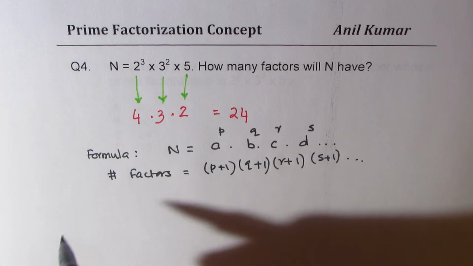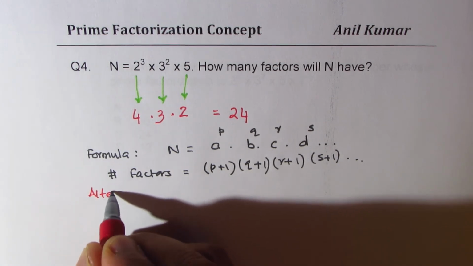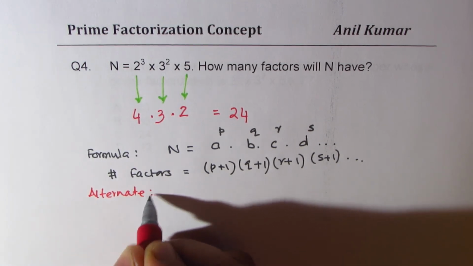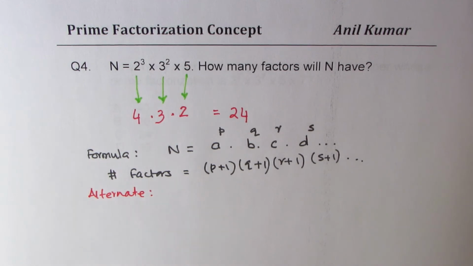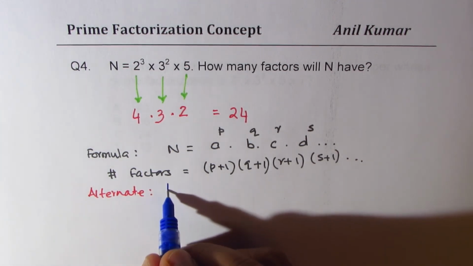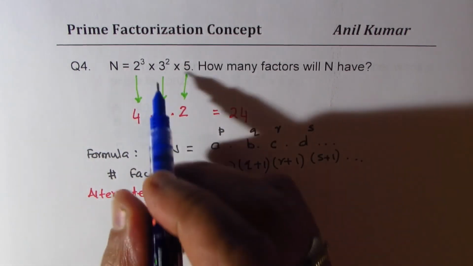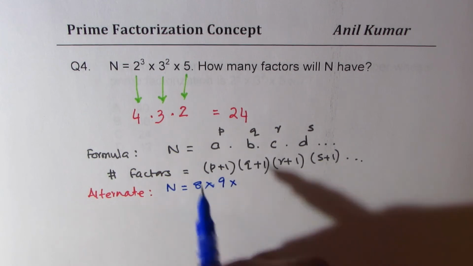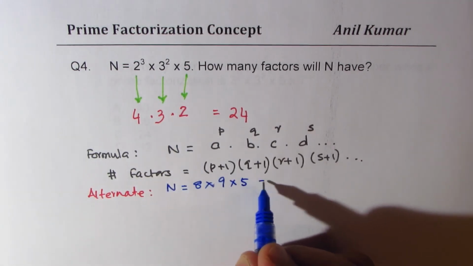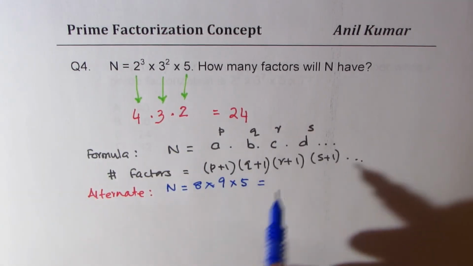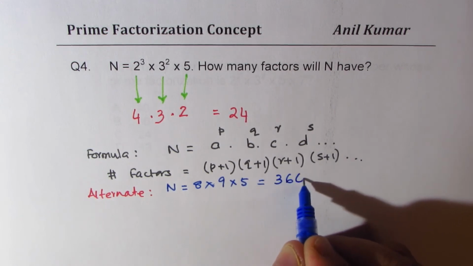Now here is an alternate approach. This number is not that big, so what you could also do is find the number first, right? So the number here is 2 cube, which means 8, times 3 square, which is 9, times 5. So that is the number, right? It is 40 times 9, or 360, is your number.